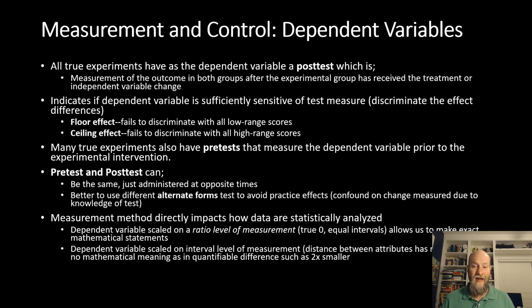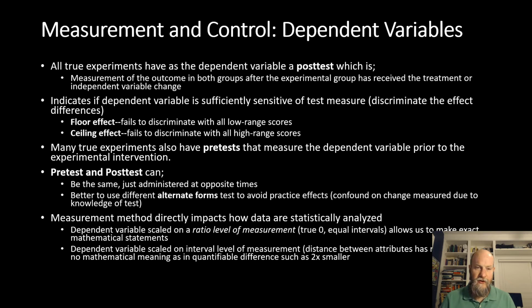Some tests are not reliable, I should say. They have this effect where there's a practice effect. Once you've seen this type of test, by virtue of having seen it, you're going to score better the second time you see it. So what you sometimes have to do is utilize alternate forms, which avoids practice effects. So in a sense, what you're doing by using alternate forms is you are controlling for a potential confound, right, of that practice effect.